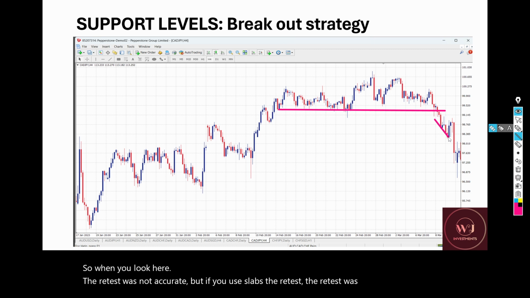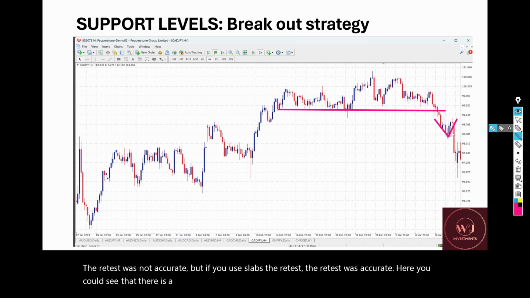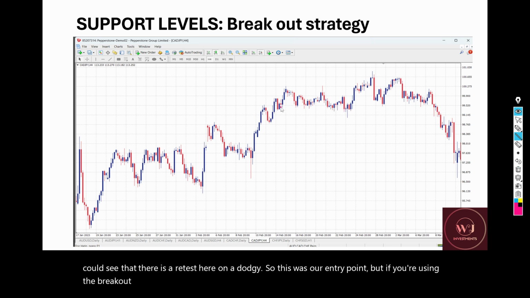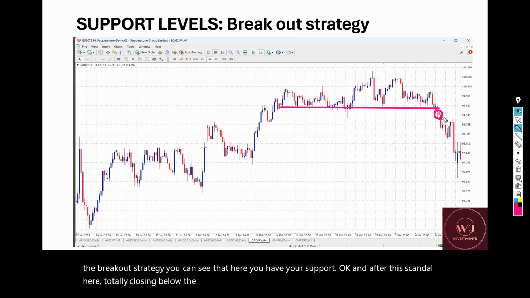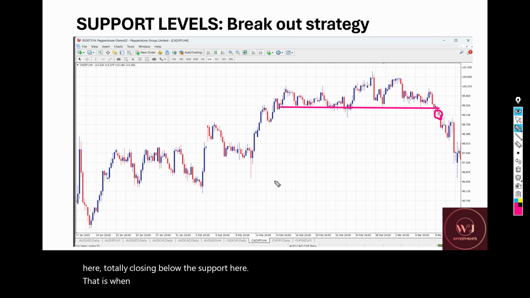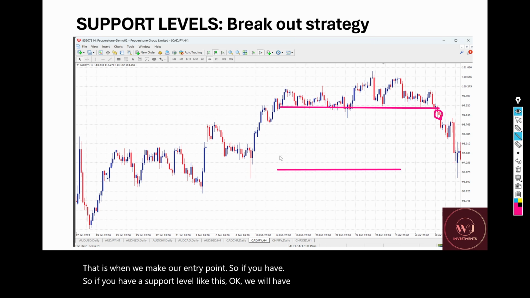Here you could see that there is a retest here on a doji, so this was our entry point. But if you're using the breakout strategy, you can see that here you have your support, okay, and after this candle here totally closing below the support, that is when we make our entry point. So if you have a support level like this, you have to wait for the price to come and break this support.